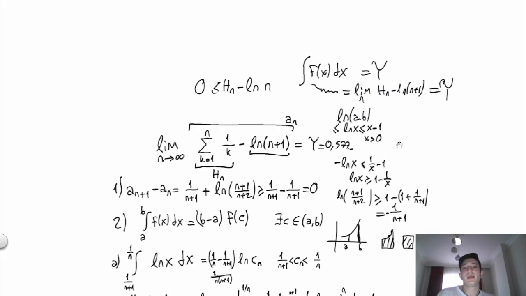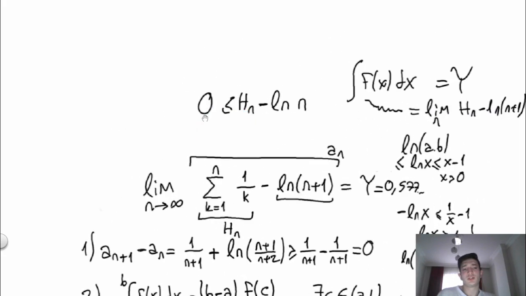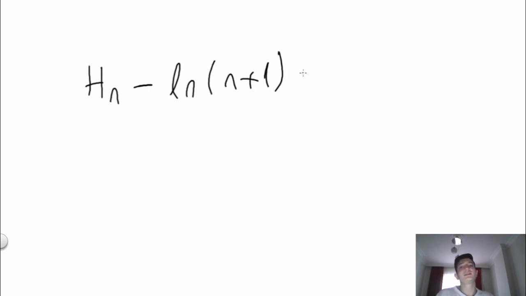Okay, and also lastly, let's make a quick side note. I said that H_n minus ln(n plus 1), which is what we calculated, is convergent. This would converge to gamma, but this thing, H_n minus ln n, actually also converges to gamma.